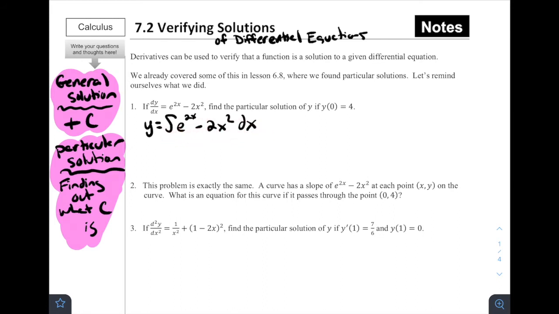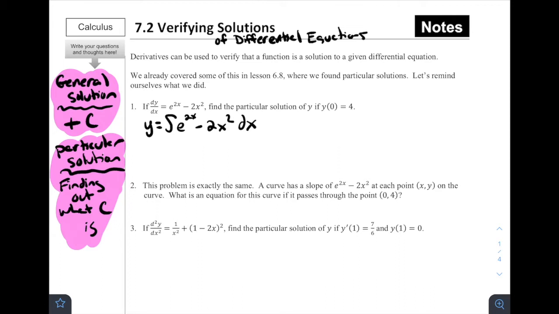Here, if we think about this e to the 2x function, because it's an e to the x function, we know both the derivative and the antiderivative would be itself, but this has an inside, right? It has a 2x in the exponent. And if we took the derivative, we would end up multiplying by the derivative of 2x, which is 2.